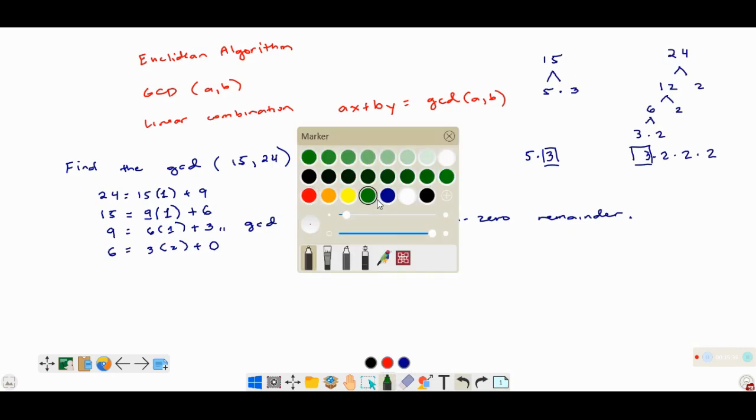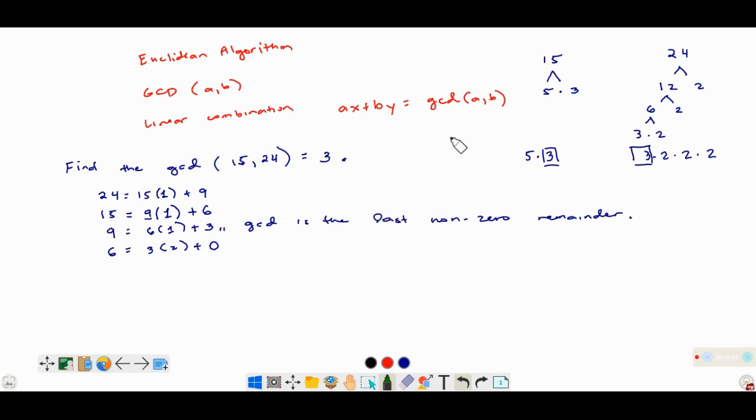Baguhin natin yung kulay. Ayan. So, let's find a linear combination for 15 and 24 such that it will be equal to the GCD 3.